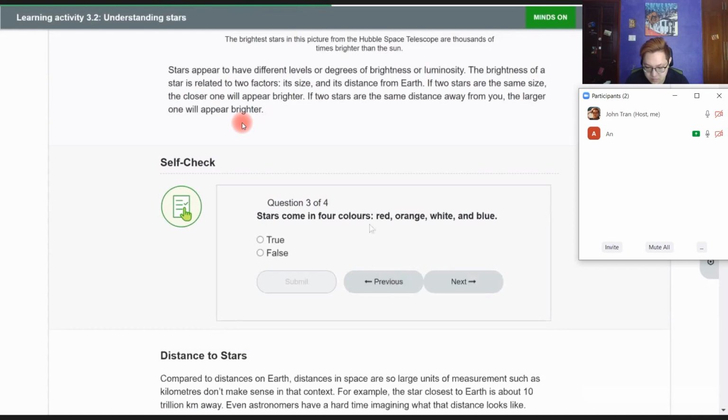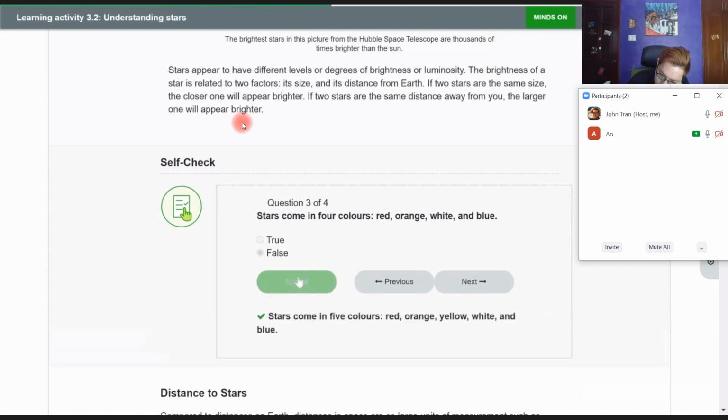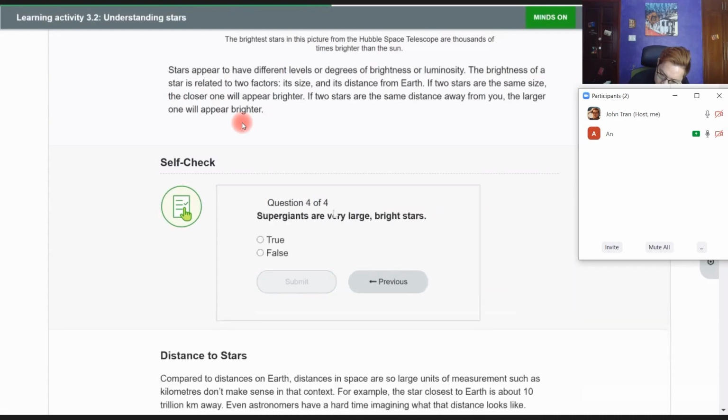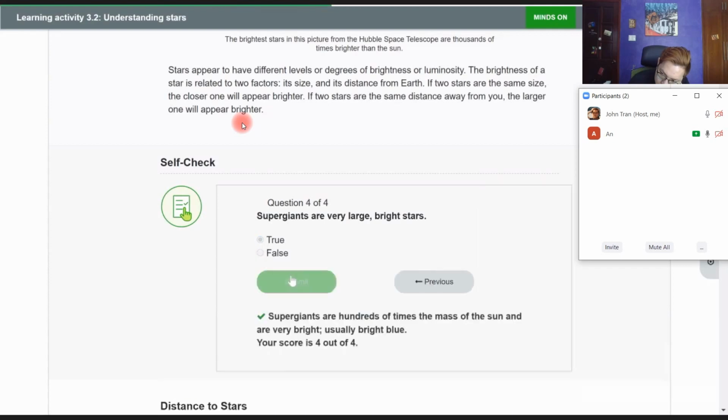Stars come in four colors: red, orange, white, and blue. Supergiants are very large, bright stars. That's true.